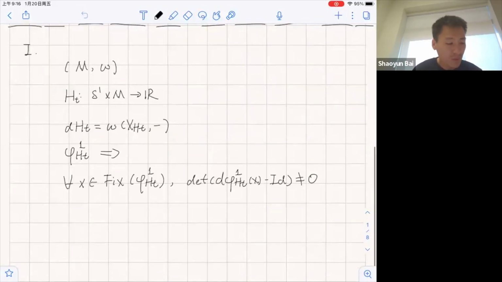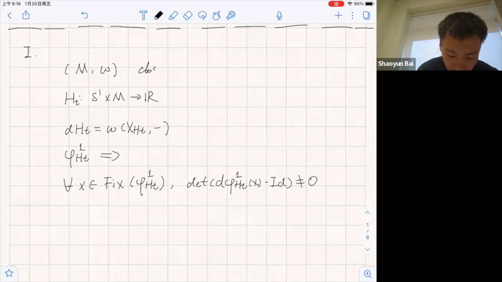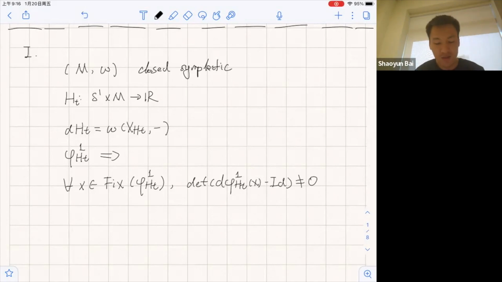For this talk, I'm going to look at a closed symplectic manifold M, where omega is the symplectic form. And I'm going to look at one periodic smooth Hamiltonians.